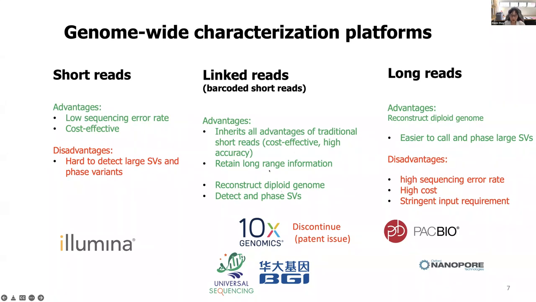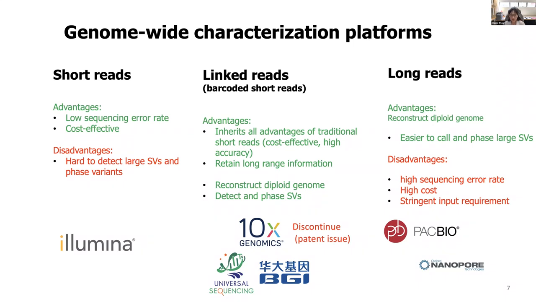And because they use short reads, they basically inherit all the advantages of short reads. But today 10x Genomics has discontinued the 10x linked reads because of some patent issue. But we still have China's BGI and Universal Sequencing companies that still provide these promising linked reads we can use.